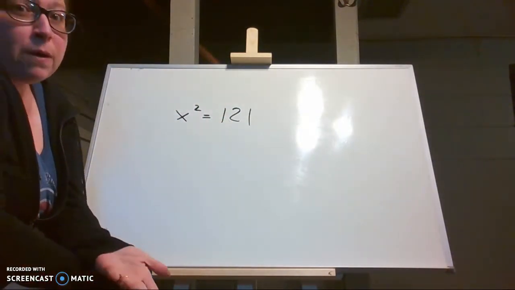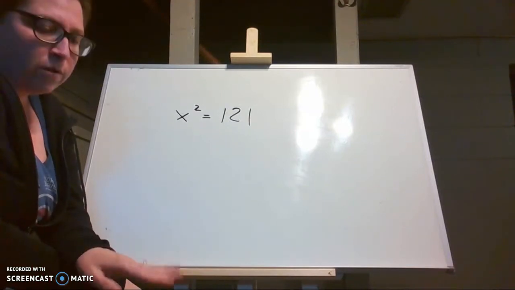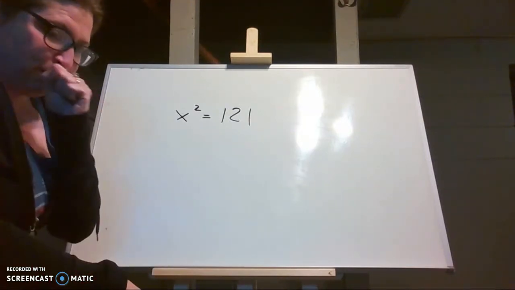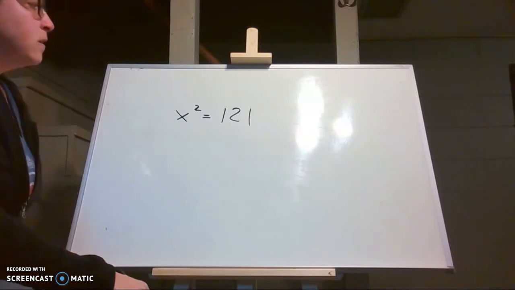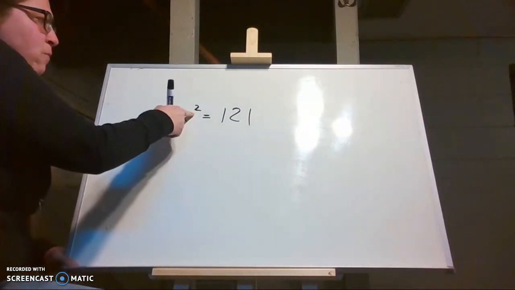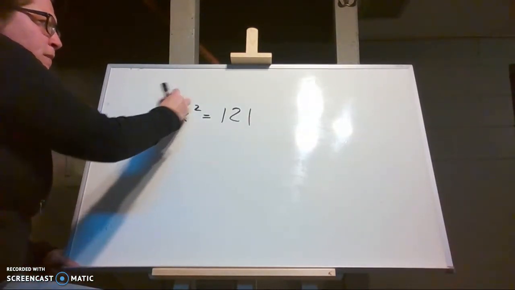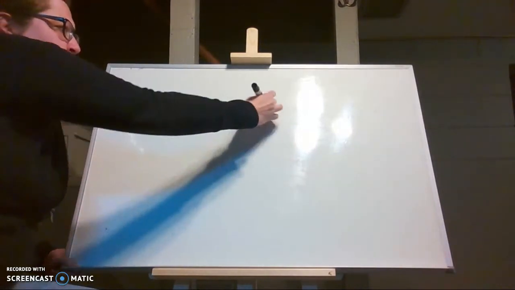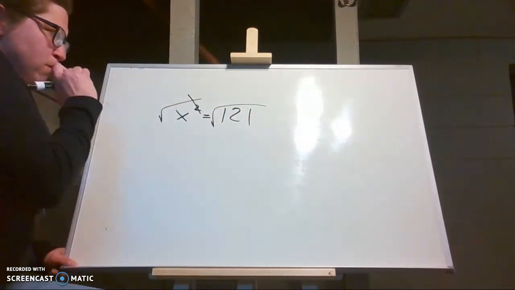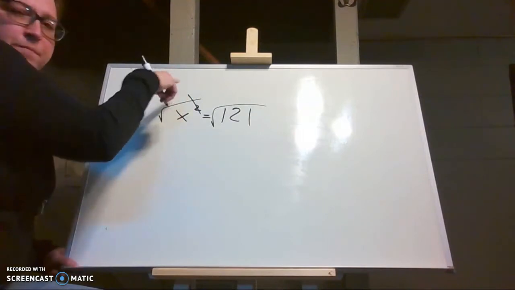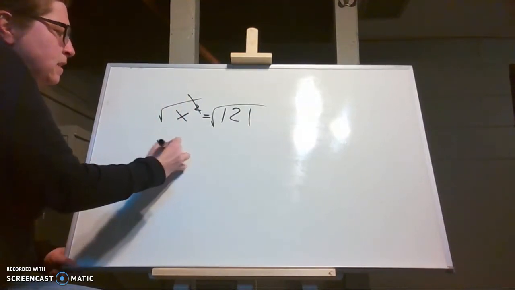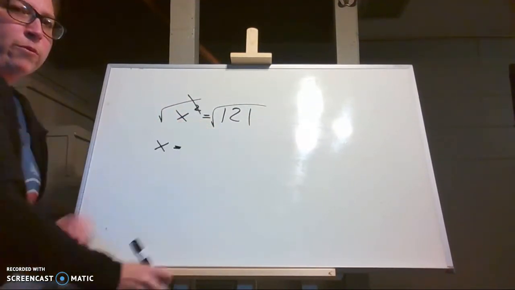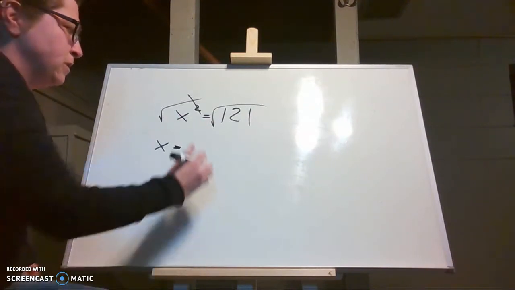And a lot of you guys probably can do this without doing any work, but I want to show you this process because it will be important later. Okay, so what do I do? Well, I want to get rid of this exponent of 2. Remember, the inverse is taking the square root of both sides. So remember, these cancel out, right? They're inverses, so I just get x. But remember, anytime I take the square root, I have to think about those two options.